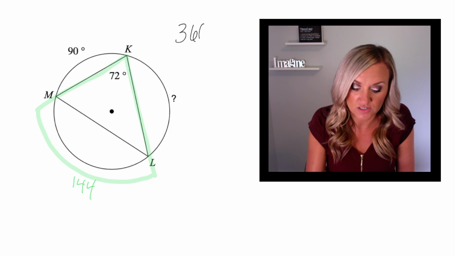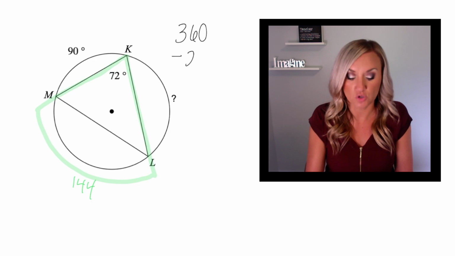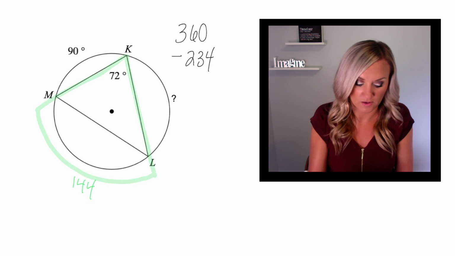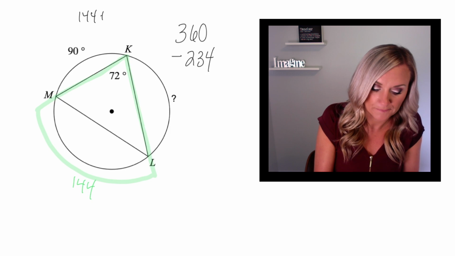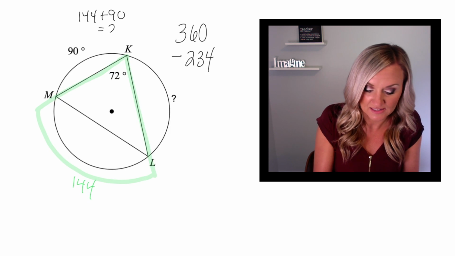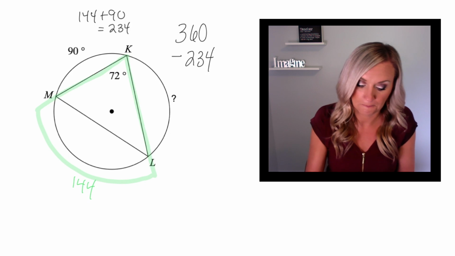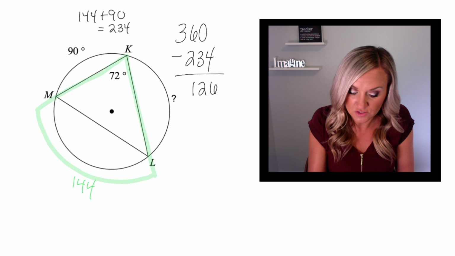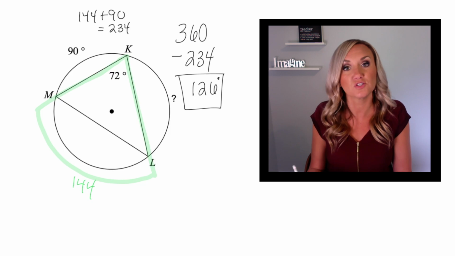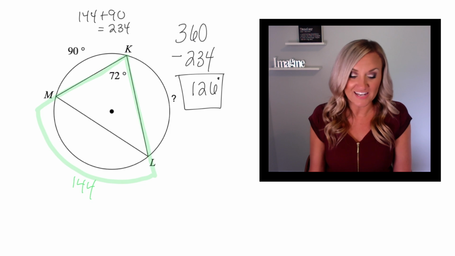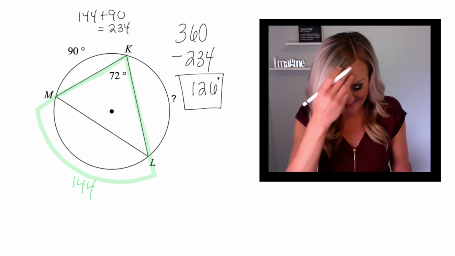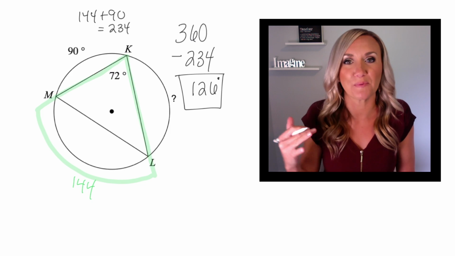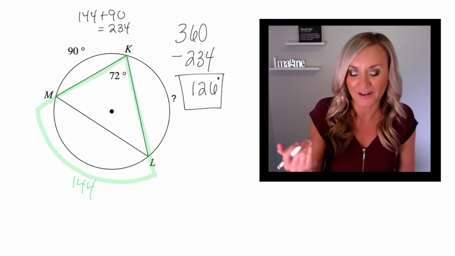So we have 360, and we're going to subtract out the 234 because 144 plus 90 gave us the 234. And when I subtract those two, I get 126 degrees. And there's your answer. That's your arc. I just think these are fun. I just find that they're little cool puzzles and you just got to look to see where you got to go next.